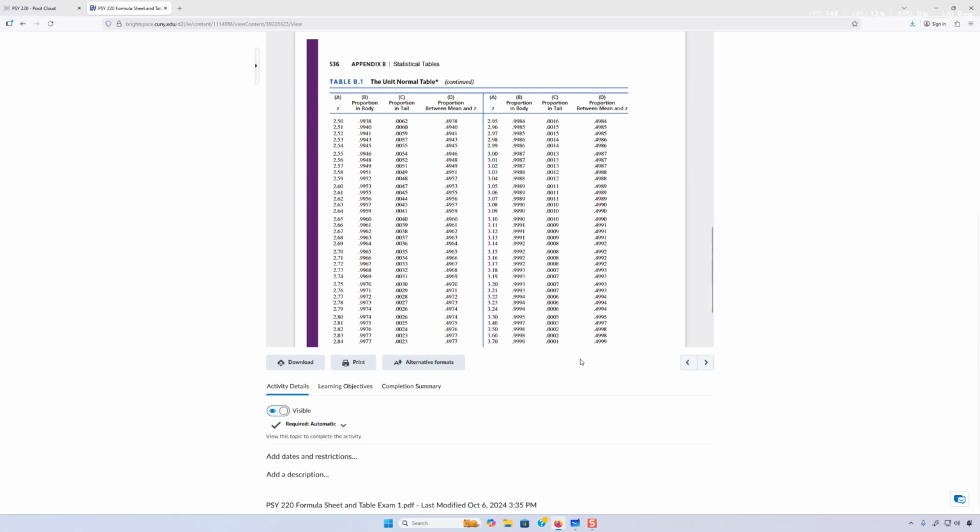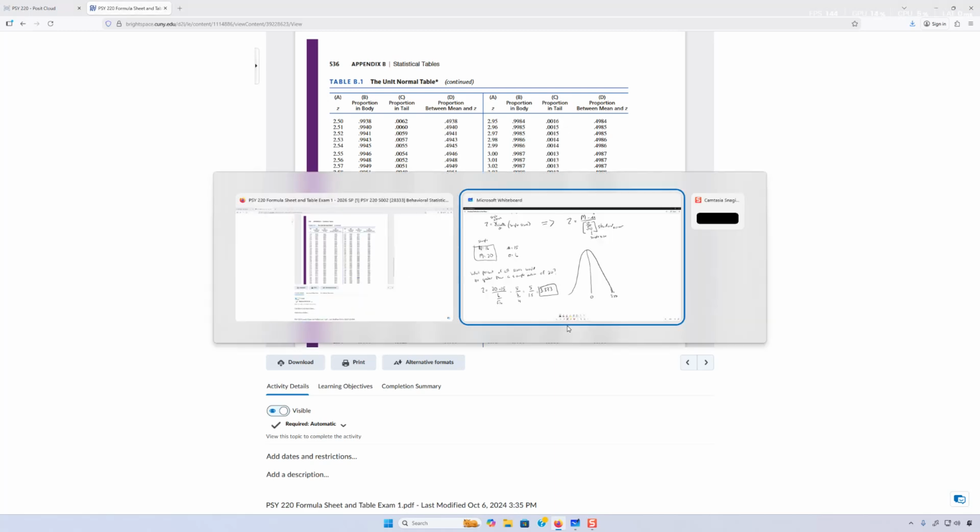Oh, it is. Well, actually, it stops at 3.3. So let's use 3.30 because 3.33 is between 3.3 and 3.4. And we want the tail. We're really, really out here. 0.0005 is the tail.